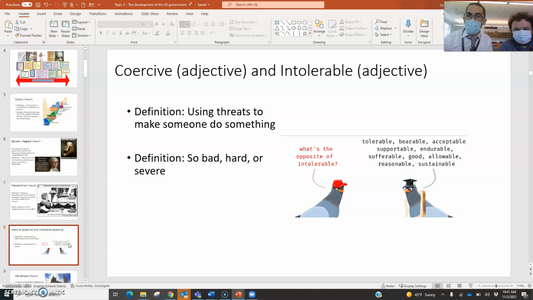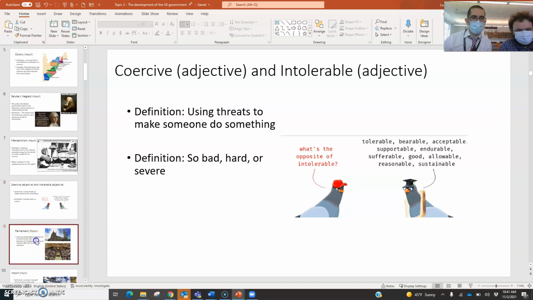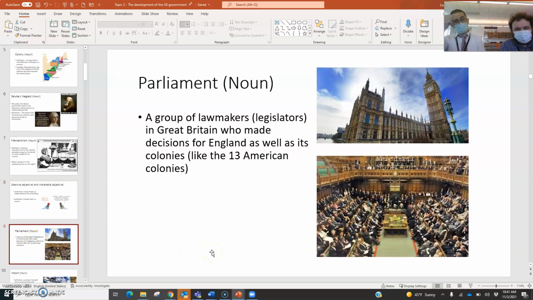Intolerable means something so bad, so hard, so severe. So we're going to see that there are going to be some pieces of legislation, some laws passed for the American colonies that they felt were both coercive and intolerable.